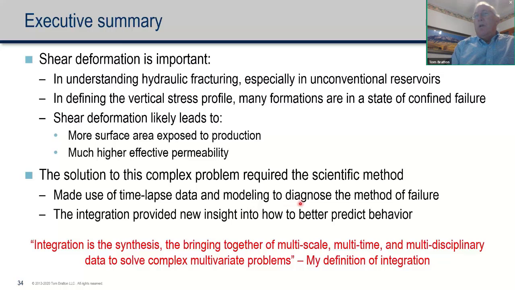And I think we need to open up our minds to diagnosing which formations fail in shear and which ones are failing in tension. And the integration provided by new insight is going to give us a better prediction of the hydraulic behavior. So I'll conclude with that.